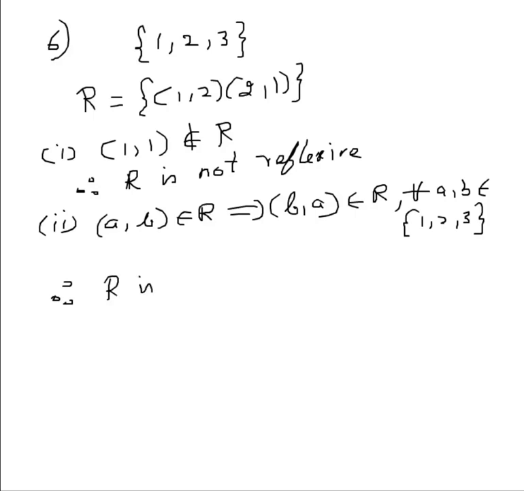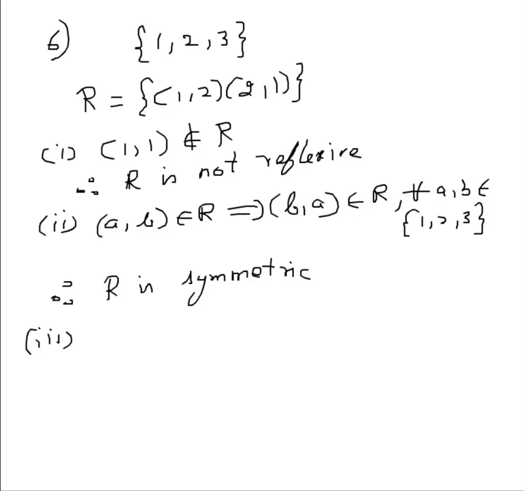Therefore, I can conclude that R is symmetric. Only two elements are there, so if (1, 2) is there, (2, 1) is there. If (2, 1) is in R, (1, 2) is also there in R. Therefore, we conclude that R is symmetric.